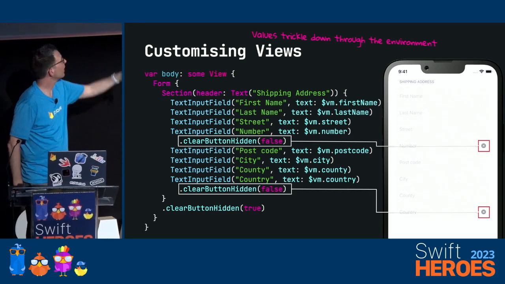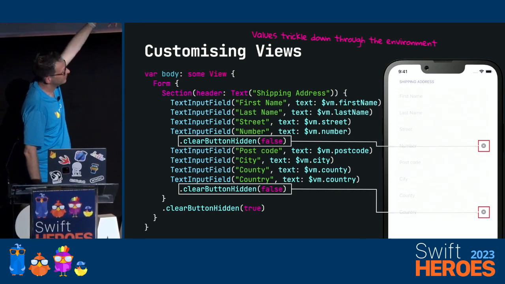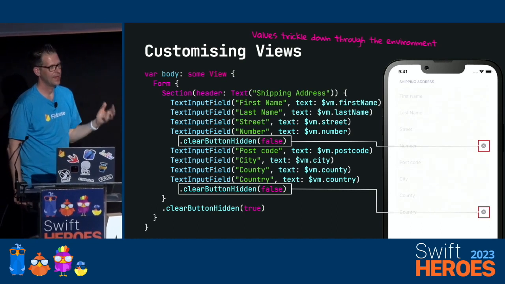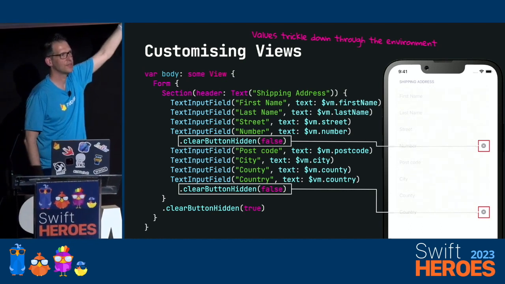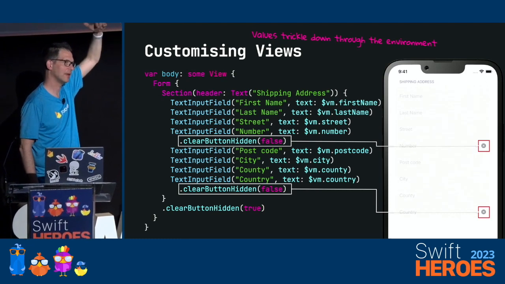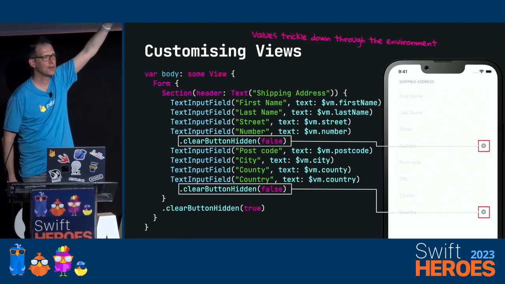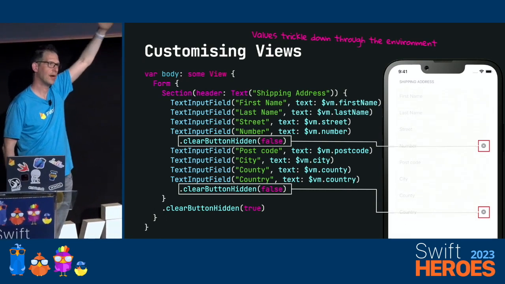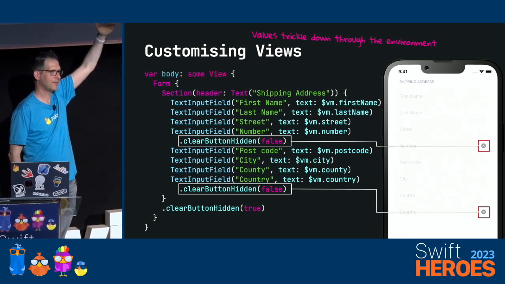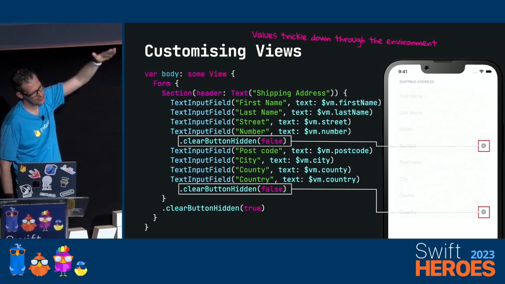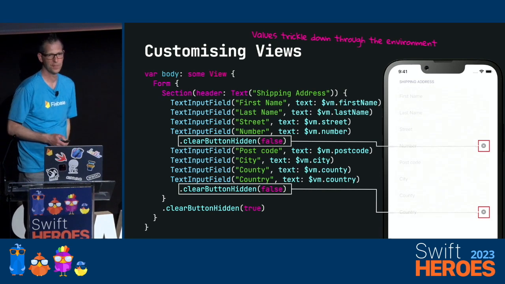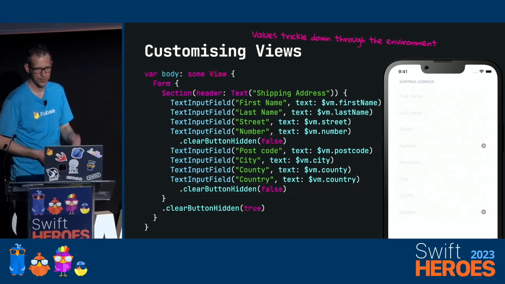And then for those other 2 lines, I'll say, well, let's invert this decision and show it for those 2 lines. And that works because the environment trickles down, right? Everything that you write into the environment trickles down the view tree. So when you define something higher up in the environment, it will be defined on this level, and then it will trickle down to all the other views that are children of that parent view. And that's what we're using here.